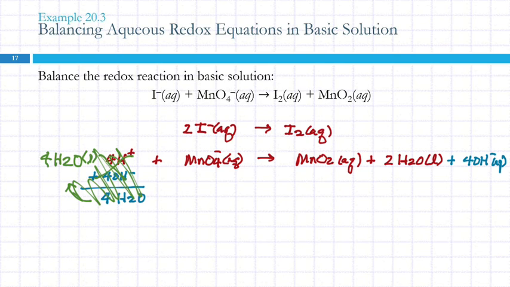So should we take care of the waters now, or should we wait till later? Now? Okay. So we have 4 waters here and 2 waters there. So then what we're doing is we're subtracting 2 H2Os from both sides. Why did I pick 2? Because this side has 2. We're not going to have the same substance on both sides. So if I subtract 2, let's move this over.